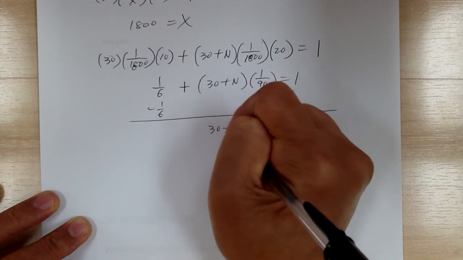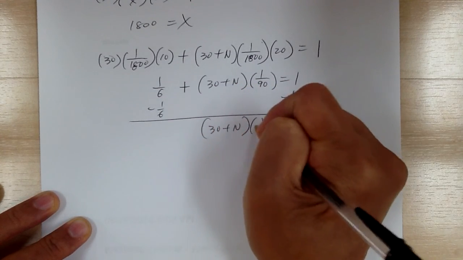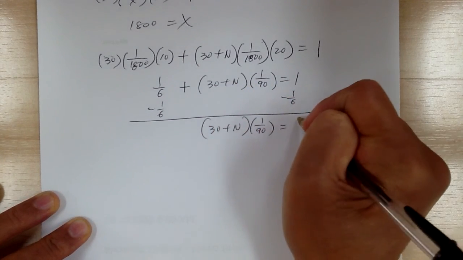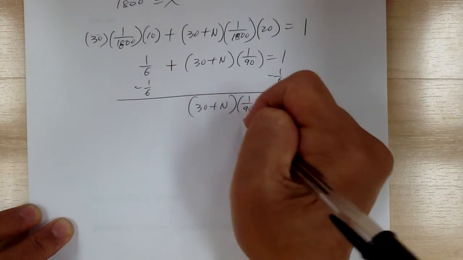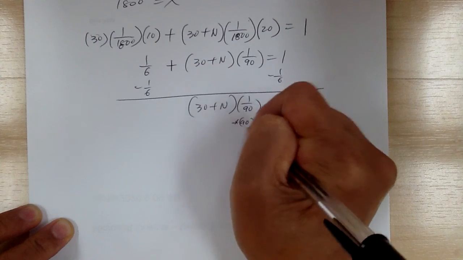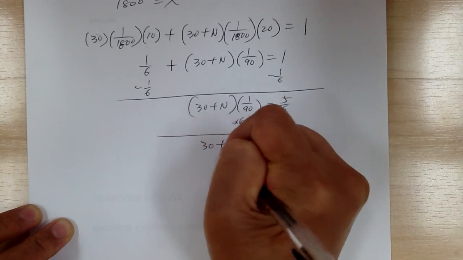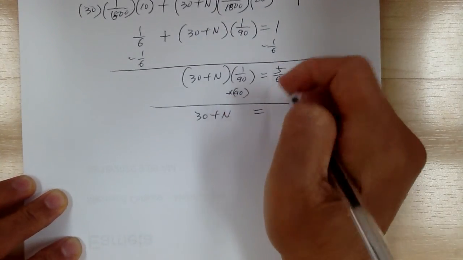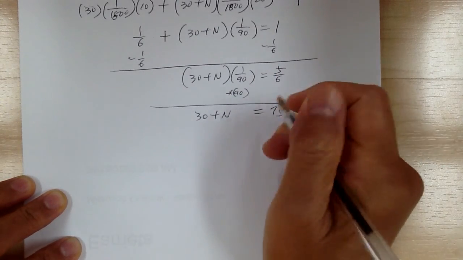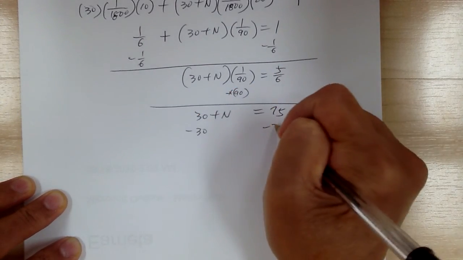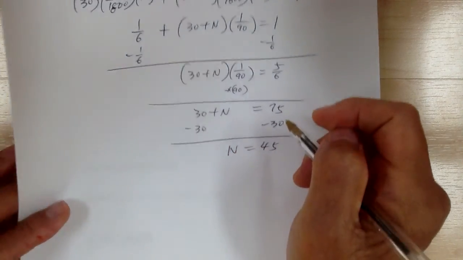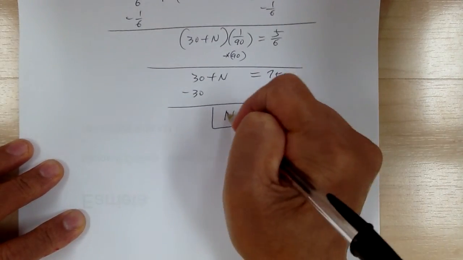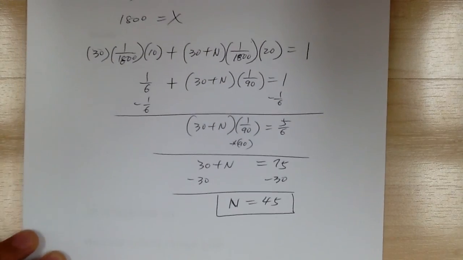So I got 30 plus n times 1 over 90 equals 5 over 6. Go ahead and multiply by 90. I got 30 plus n equals 75, minus 30, so n equals 45. So you need to hire an additional 45 people to be able to finish the job early.